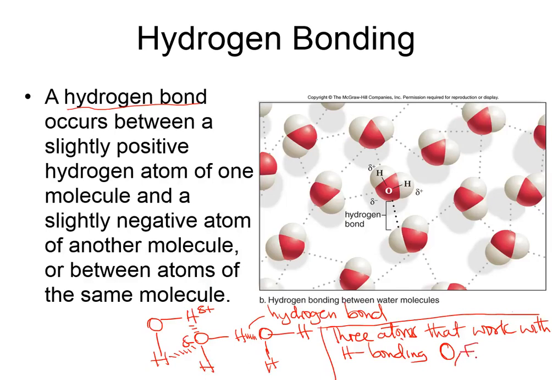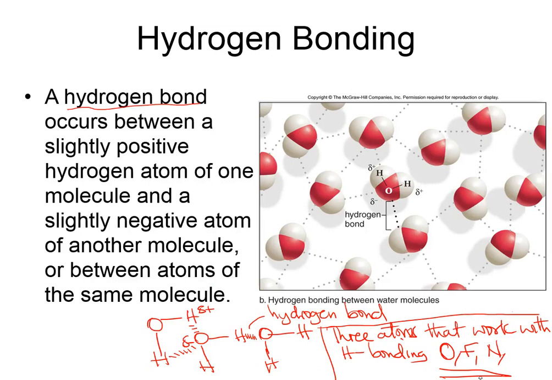We have fluorine. When a slightly positive hydrogen interacts with fluorine, they'll form a hydrogen bond. And we have nitrogen. So when a slightly positive hydrogen interacts with nitrogen, they'll form a hydrogen bond. So these are the only 3 atoms where you can form a strong hydrogen bond.